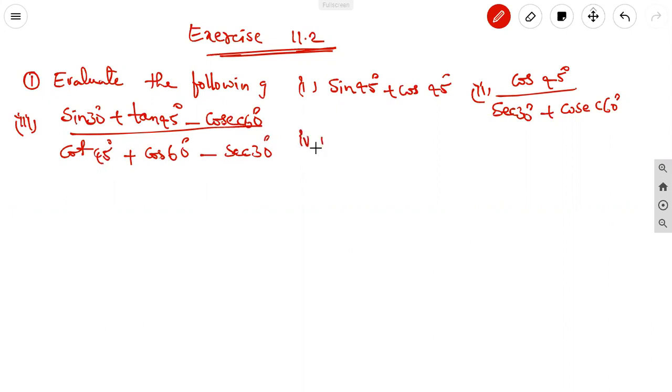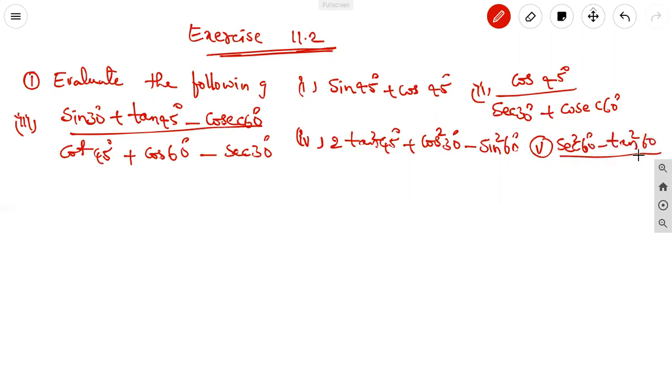Fourth one, 2 tan square 45 degrees plus cos square 30 degrees minus sin square 60 degrees. Fifth one, secant square 60 degrees minus tan square 60 degrees by sin square 30 degrees plus cos square 30 degrees.